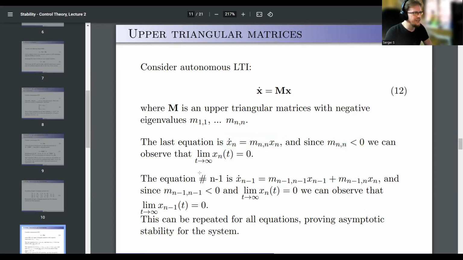Now, the equation before the last, the penultimate equation, looks like this. We have x_{n-1} dot equal to the penultimate eigenvalue m_{n-1,n-1} times x_{n-1}, plus this previously seen term.